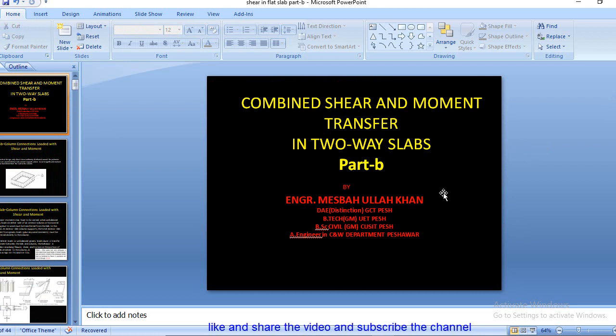Most of the students ask this question: how to design an eccentric column, edge column, or corner column, because there are loading, shear and moment. So which is known as uniaxial column or biaxial column. This is a very interesting topic, and a very important lecture for those students who ask these questions.